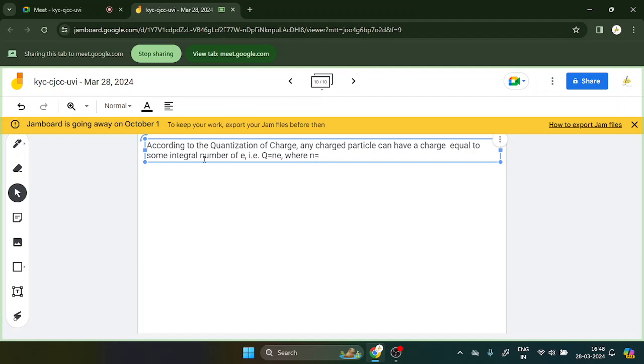N equals 1, 2, 3, 4, 5 and so on. And what is e? e is the charge on the electron.